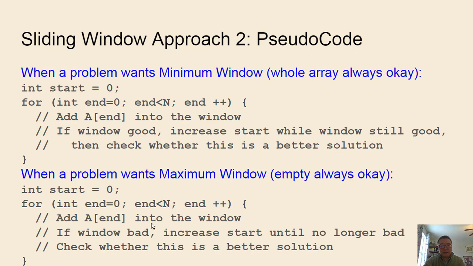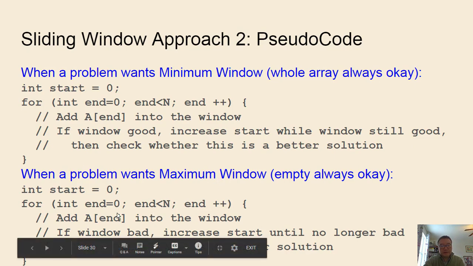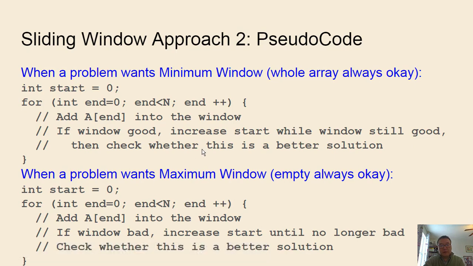And if we want a maximum window, it's similar, except for what happens after we add the new element. If we want the maximum window, the monotonicity probably is that an empty window is always good, but when the window gets too big, things go bad. So we want the maximum window that's still good.